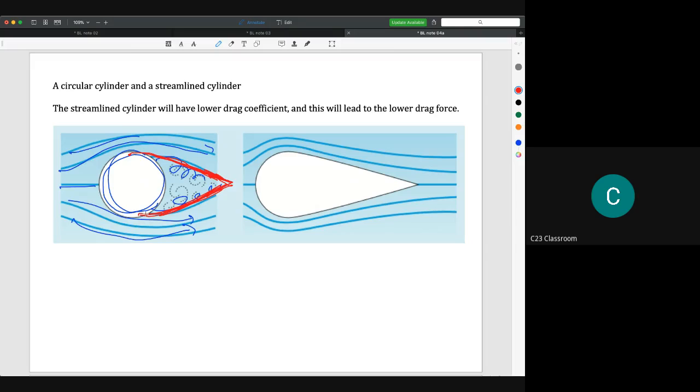From the cylinder like this, we change the shape into this one because we want to cover up the area of vortex here. This is the idea of the streamlining method. If you see the first chart, the first table that I showed in this slide, you will find that the streamlined sphere or the streamlined cylinder will give you 50% less drag coefficient.